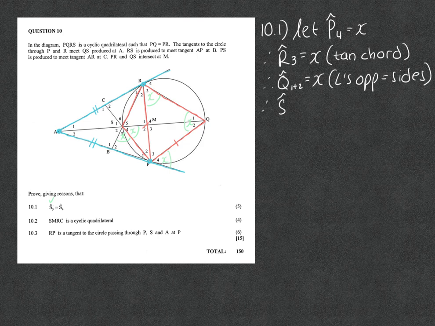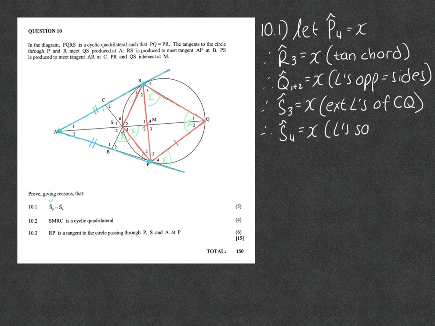Therefore, S3 equals x because of exterior angles of cyclic quad. Therefore, S4 equals x, that was angles same segment. Therefore, S3 equals S4. Statement finished.